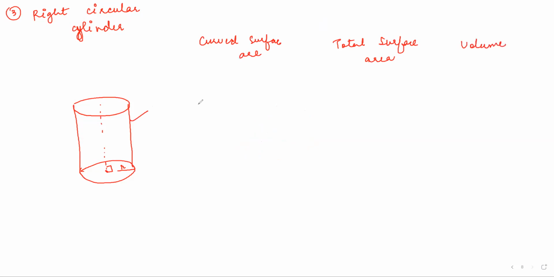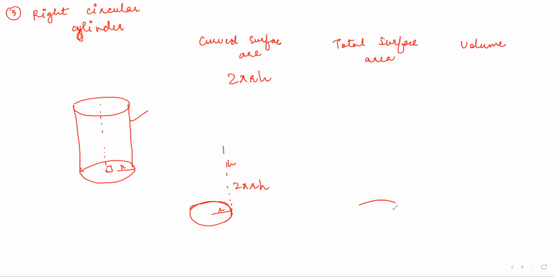Now this base is a circle, so if the radius is r, the circumference is 2 pi r. You are multiplying this by h, so the surface area becomes 2 pi r h.